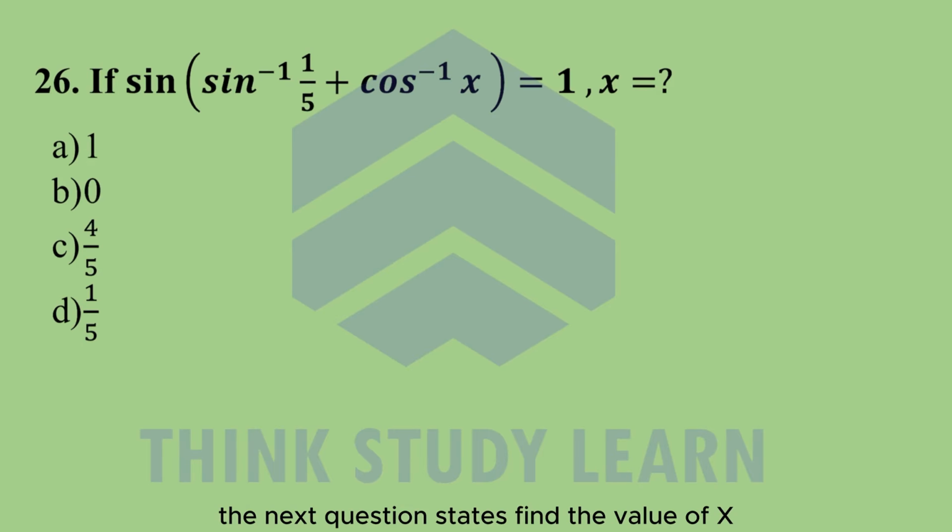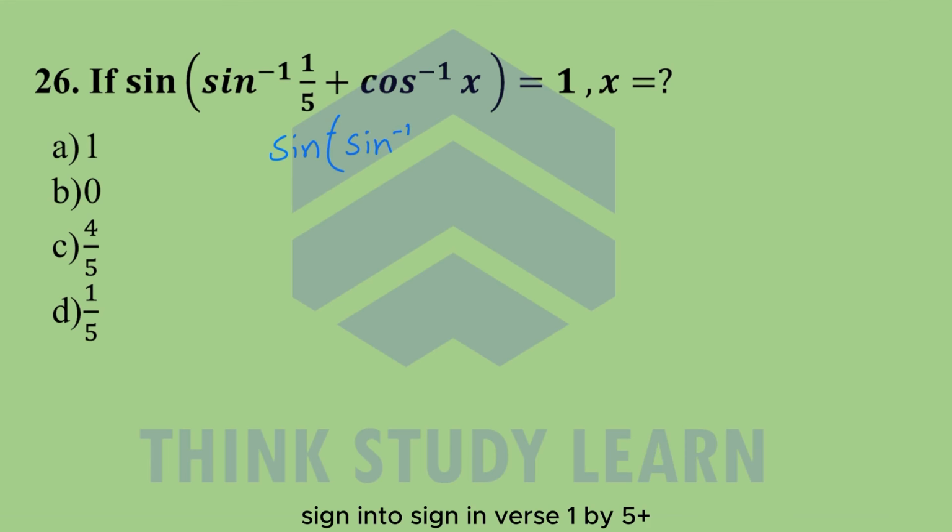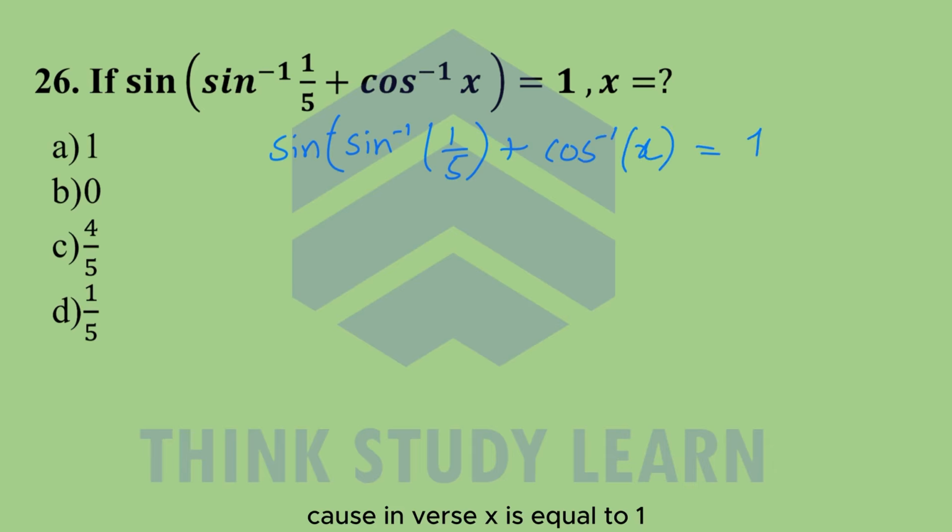The next question states find the value of x if the equation sine into sine inverse 1 by 5 plus cos inverse x is equal to 1. So writing down the equation, sine into sine inverse 1 by 5 plus cos inverse x is equal to 1.